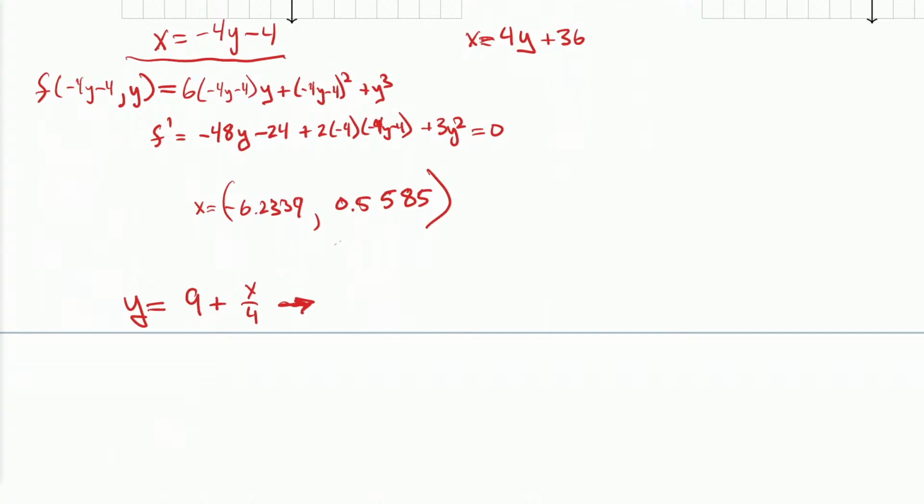I'm rearranging it instead of that. It's slightly easier. I'm rearranging it in terms of x. X is negative 4y minus 1.